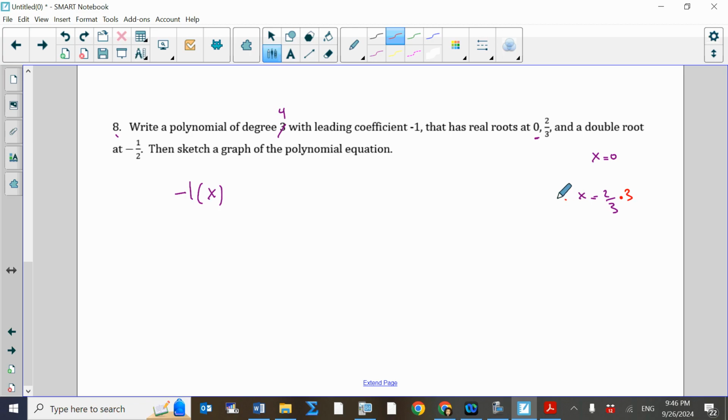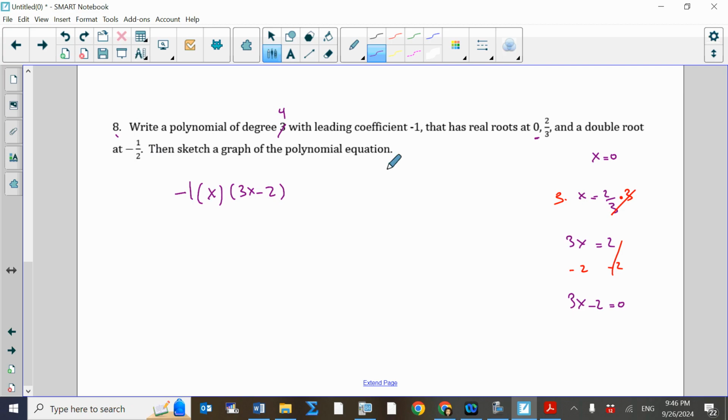So multiply by 3. So we will have 3x equal to 2. Then subtract by 2. We have 3x minus 2 equal to 0. This is the factor that created this root, 3x minus 2.